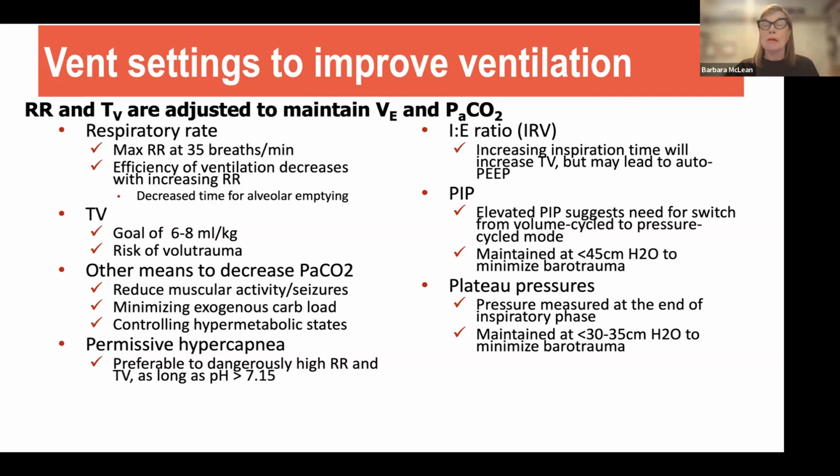Now, that's not going to hold true if we're using something like high frequency oscillation or airway pressure release ventilation. In those instances, patients will breathe more rapidly with very, very small breaths, like 1 to 1.5 mLs per kg, tiny, tiny breaths.